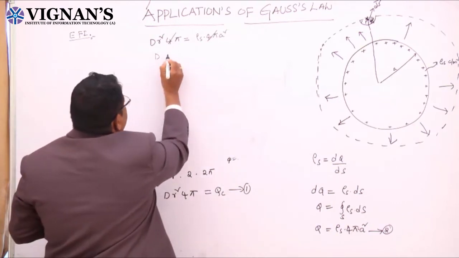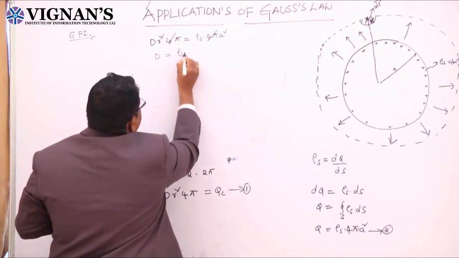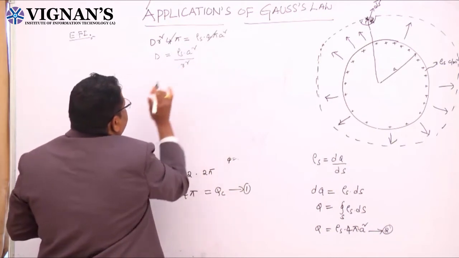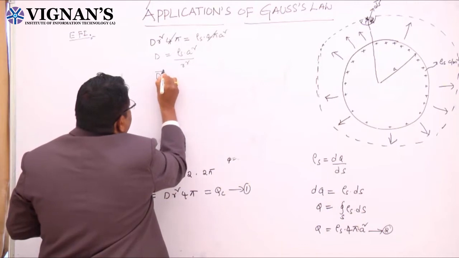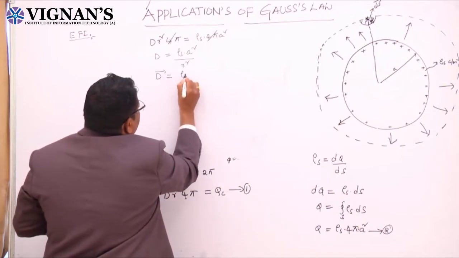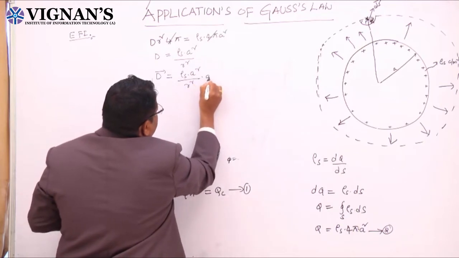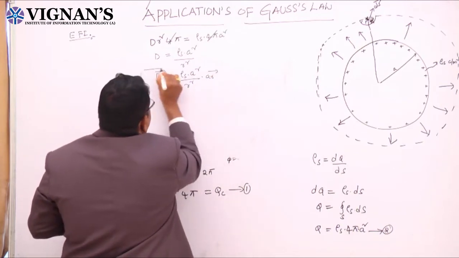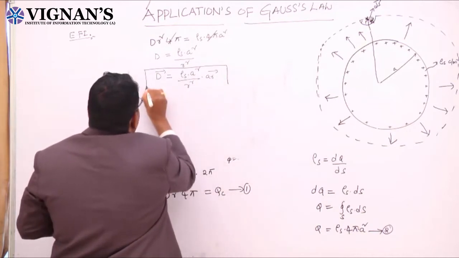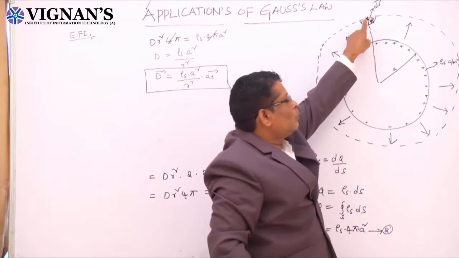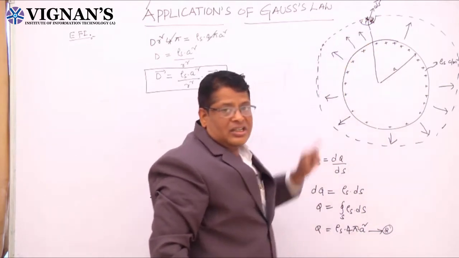Flux density equals rho s a square by r square. This is the magnitude. Now we want to find the direction. D bar equals rho s into a square by r square into a r bar. This is the flux density at this point due to the spherical shell.